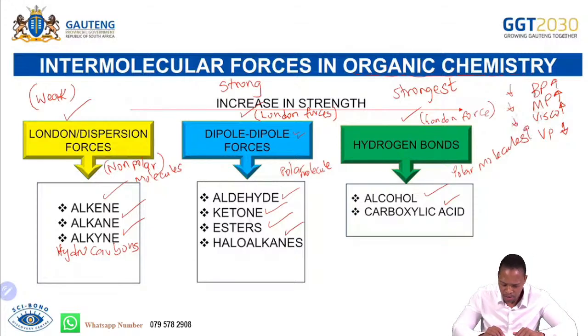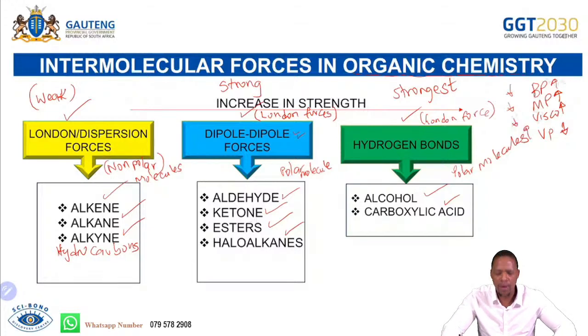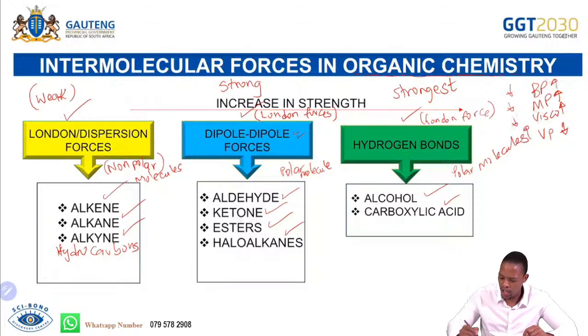Therefore, since the intermolecular forces are stronger, it will have a higher boiling point. A ketone compared to an alkene will have a higher melting point, a higher viscosity, but always a lower vapor pressure.